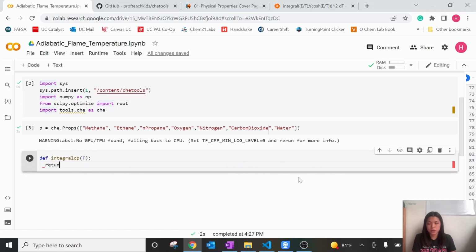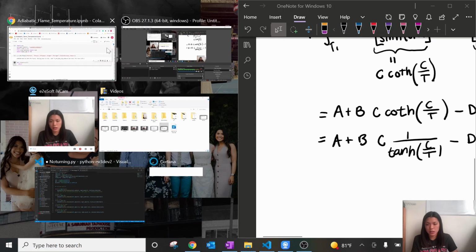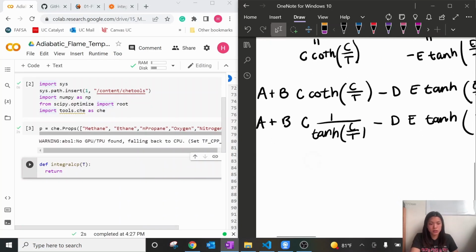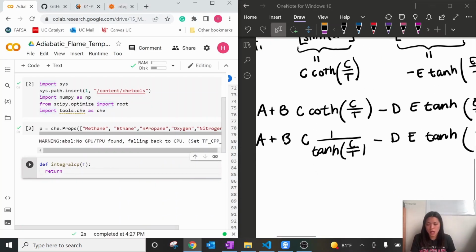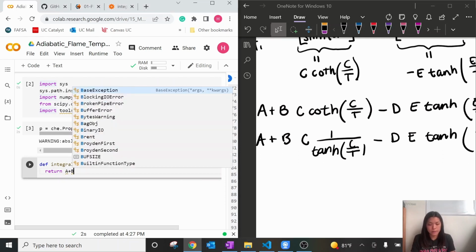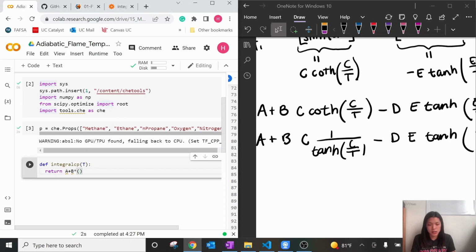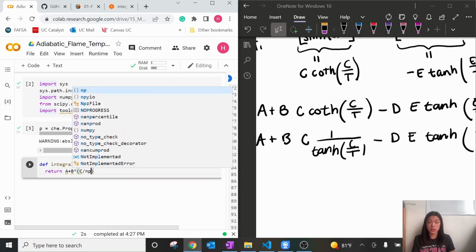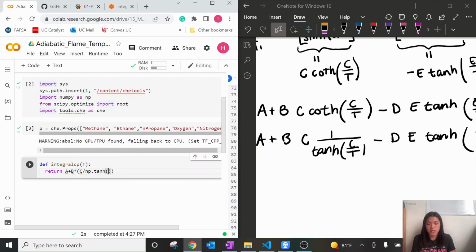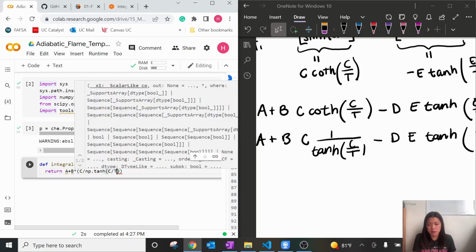We want it to return this equation. We'll put it to the side here so we can look at it as we copy it. So it's going to be A plus B multiplied by C divided by the hyperbolic, so we'll use numpy, hyperbolic tangent of C divided by temperature.